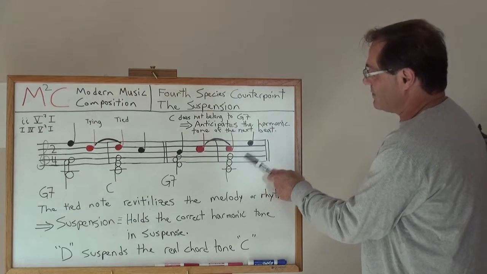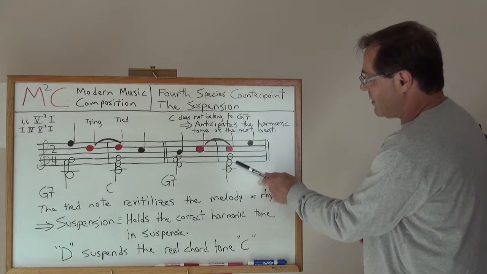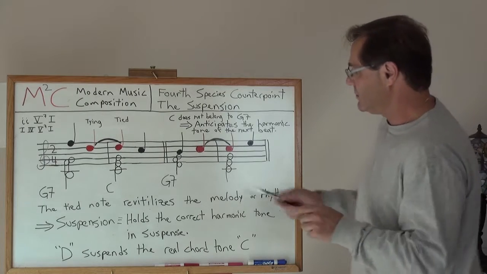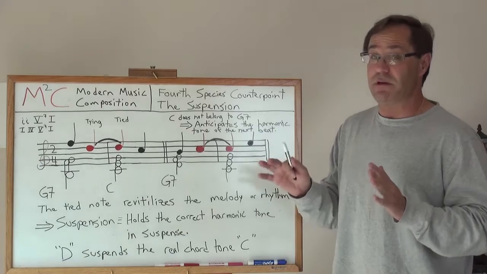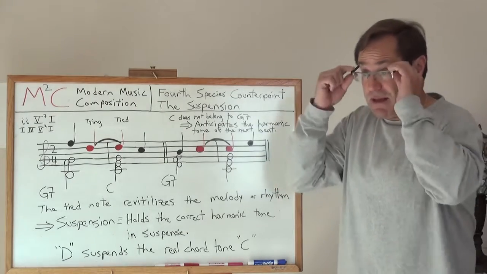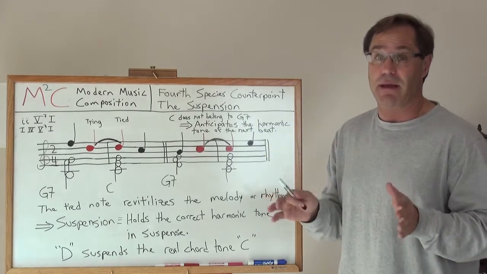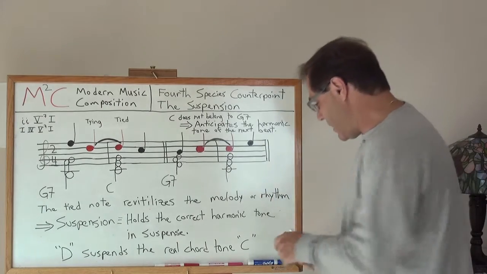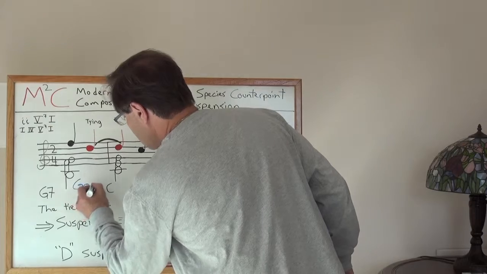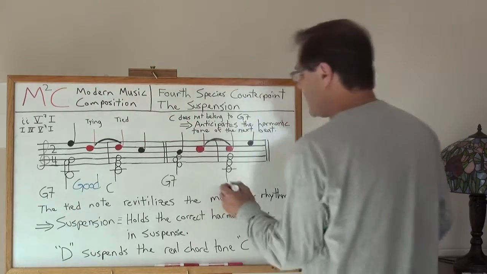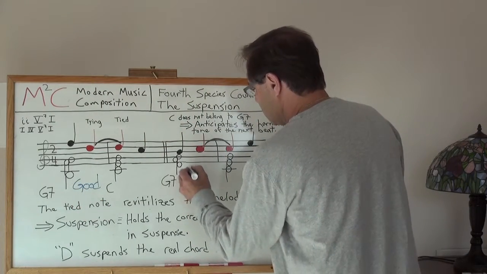And here E is also part of the C major chord. This is actually done quite a bit to a certain effect, but frankly speaking, it's quite disappointing, and it really doesn't work very well. So I would call this example good. This example, not so good.